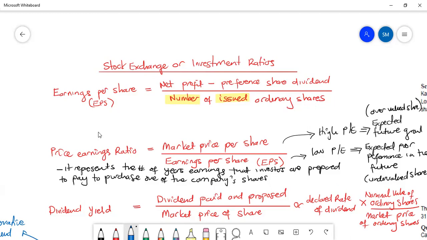So this usually serves as an indicator of a company's profitability. And it's usually seen as a fundamental ratio.